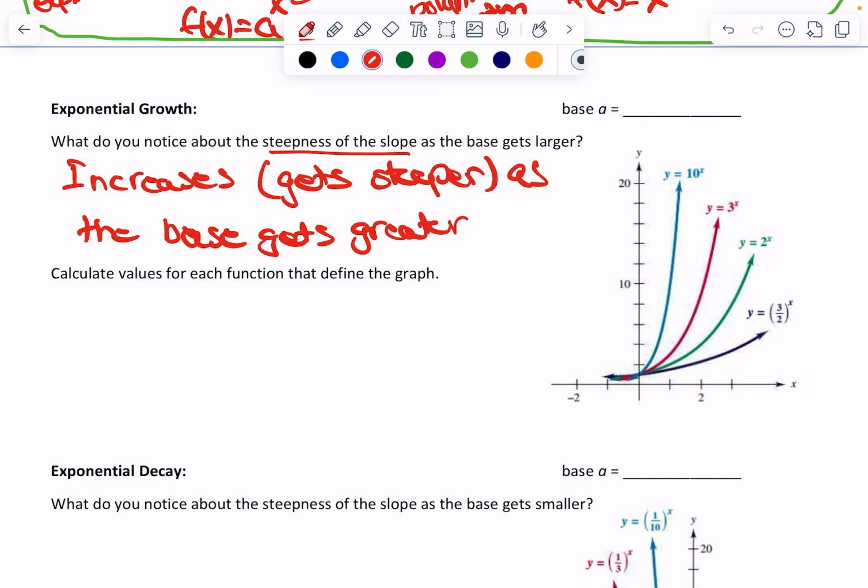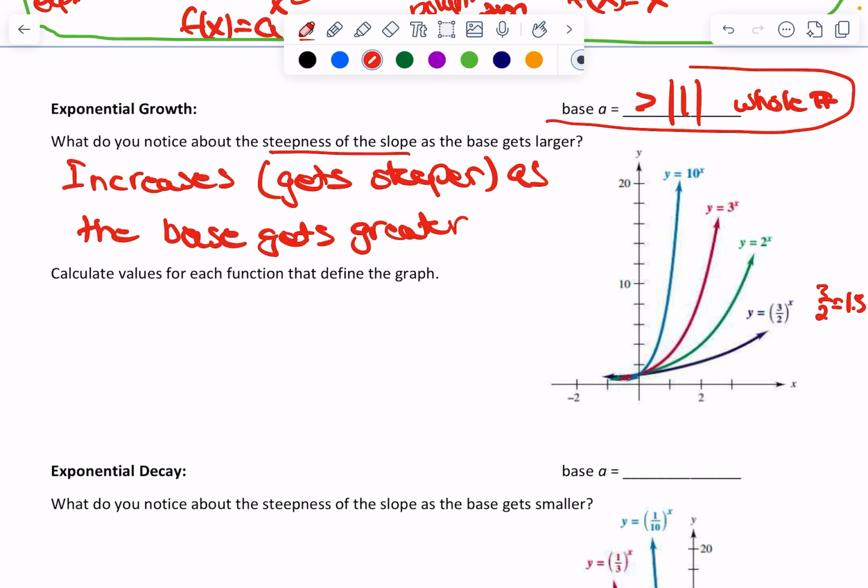Now, for this example, what we're looking at is base a that is greater than the absolute value of 1. So it's a whole number that we're looking at here. 3 over 2 is the same thing as 1.5. So this is when we have exponential growth.